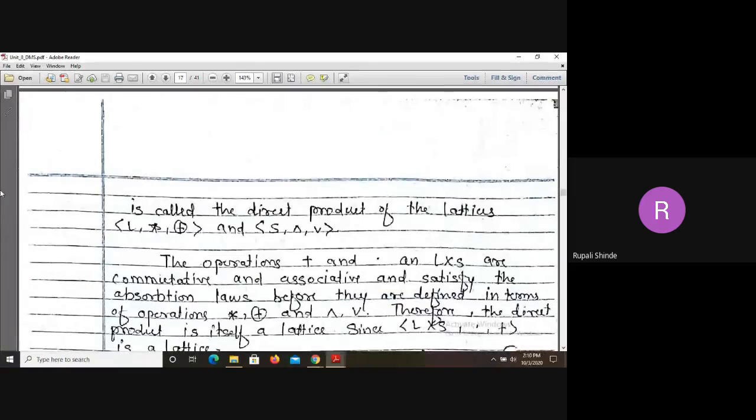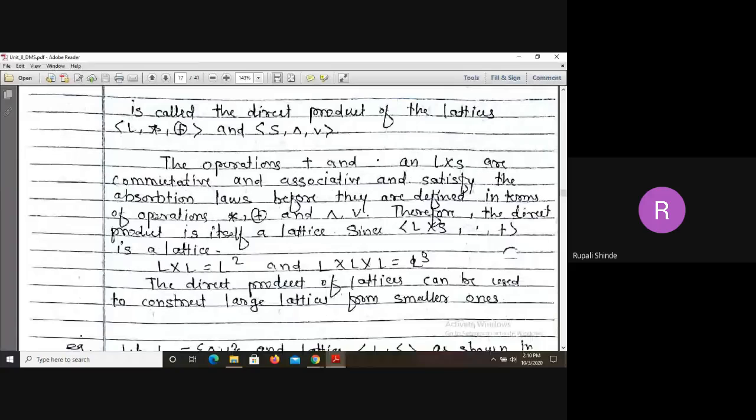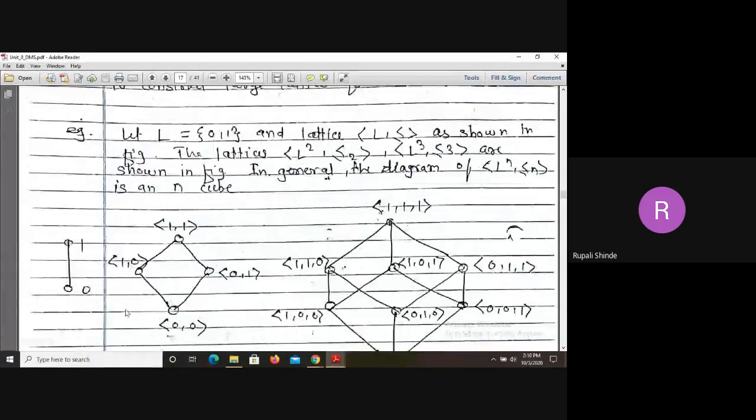Now we have to see why we have to take direct product. See, direct product कशासाठी घ्यायचं आहे? Because suppose L is a lattice and which is containing just 2 elements. Now suppose we want to form a larger lattice from this lattice.